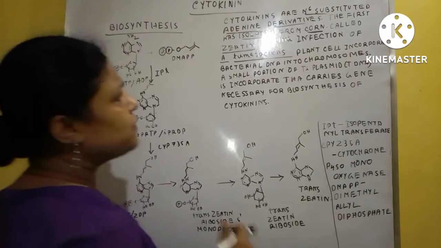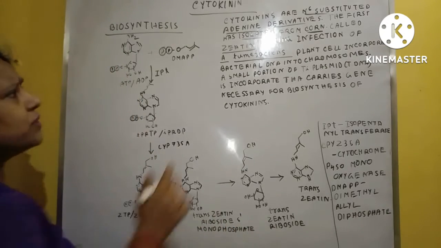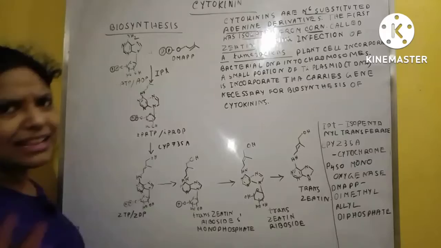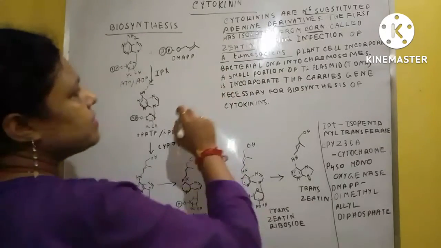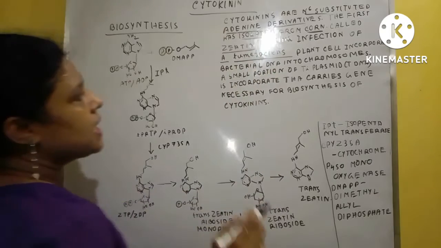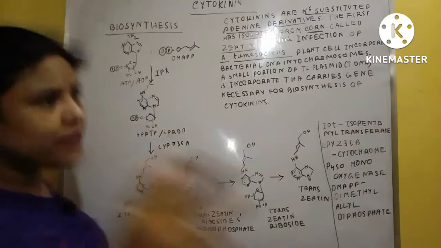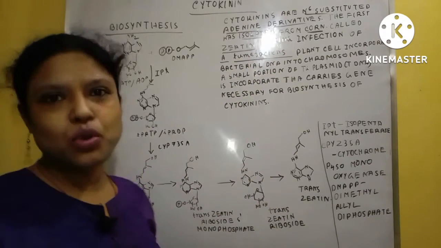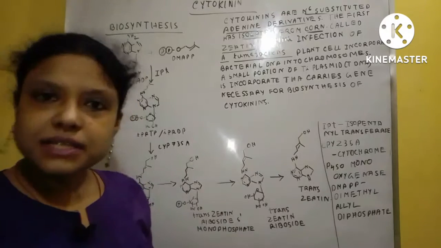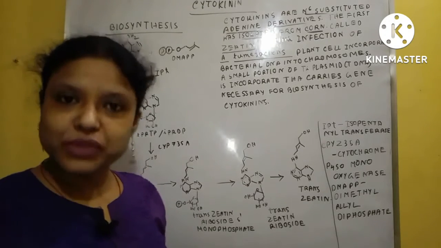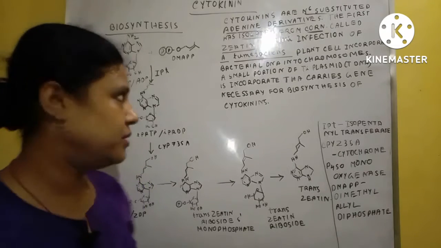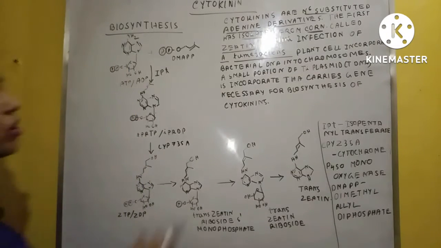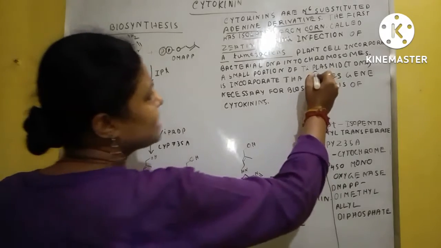And during the infection of some pathogen, this is one kind of bacteria, its name is A. tumefaciens. When it infects the plant cell, the bacterial DNA is incorporated with the chromosomal DNA of the plant or the host body. And the important thing is the plasmid.